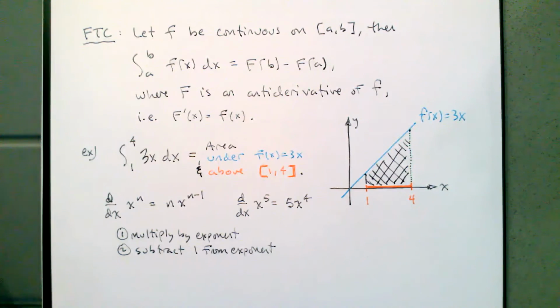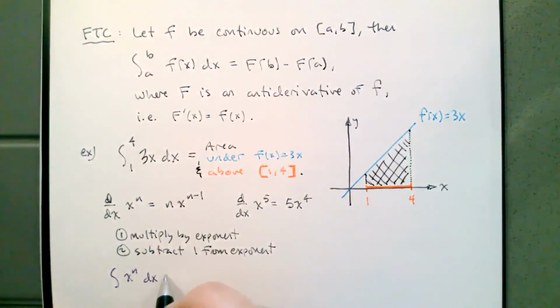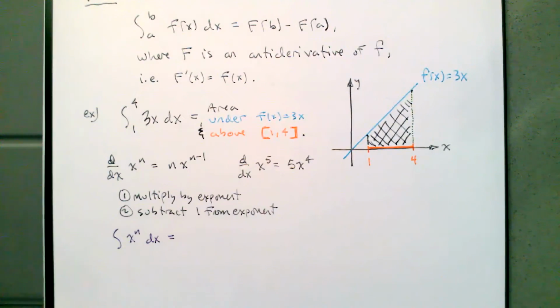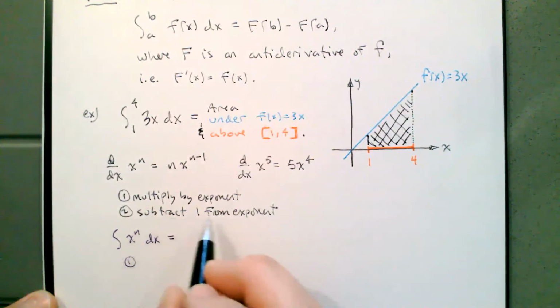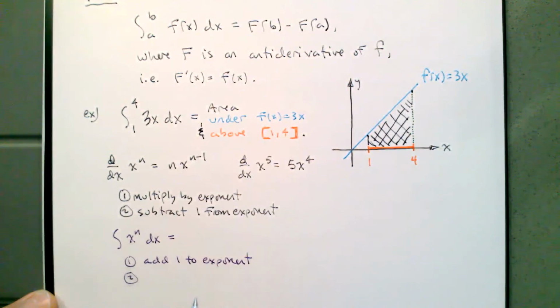So the antiderivative. If I want the antiderivative of x to the n dx, where the derivative says multiply by the exponent, then subtract 1 from the exponent, for an antiderivative, I'm going to do the process in reverse. I'm going to first add 1 to the exponent, and then the inverse of multiply by the exponent is divide by the exponent.